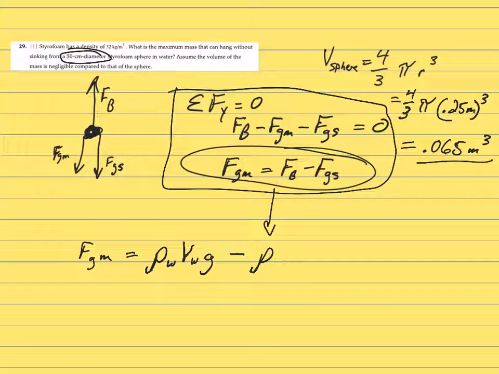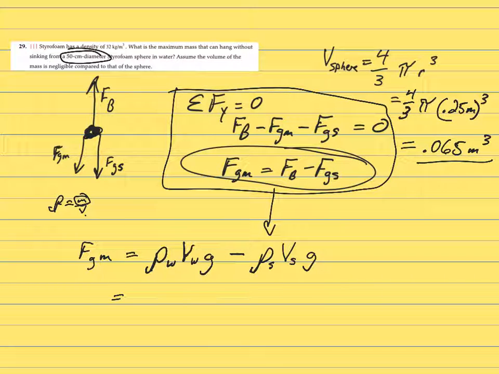Remember, mass can be substituted with density times volume. I did that a couple of videos ago. If I solve for mass, it's going to turn into density times volume. So that's where that comes from. So the density of the styrofoam times the volume of the styrofoam, and gravity's in there. Okay, is that cool? I hope so.